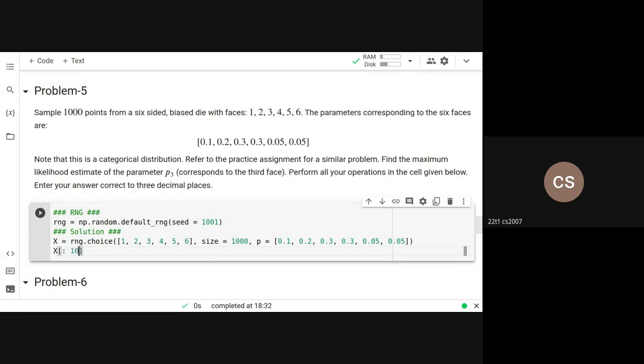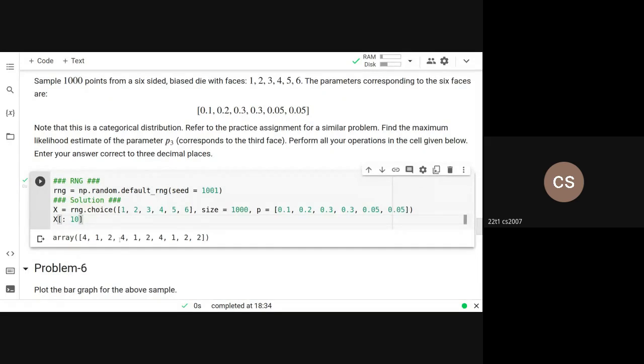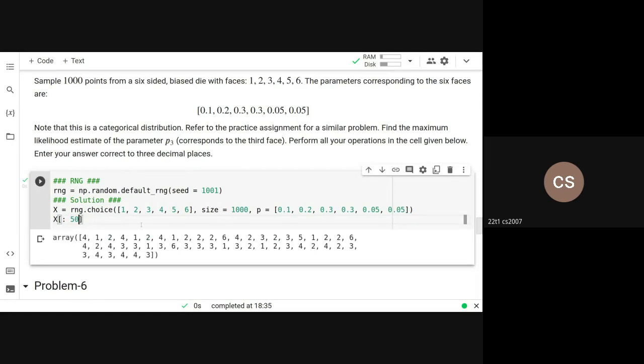Let's just see the first 10 points or so of this data set. Already you can see that there are quite a few 4s being thrown out, because 3 and 4 have probability 0.3. If you look at the top 50 examples, you'll notice that there are 4s and also quite a few 3s.